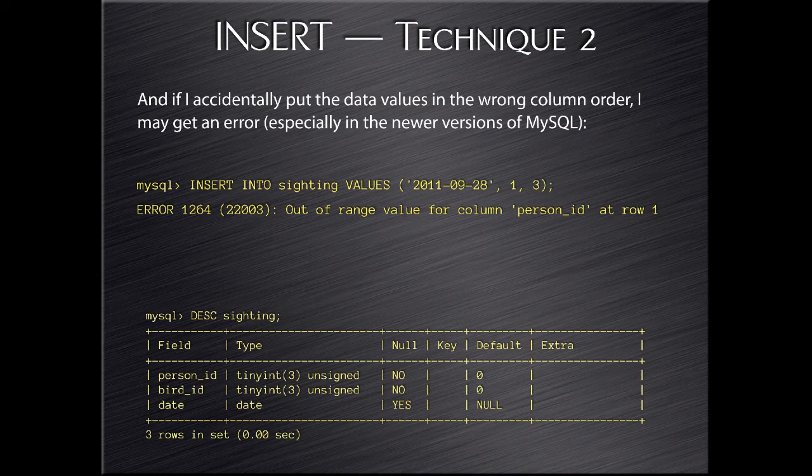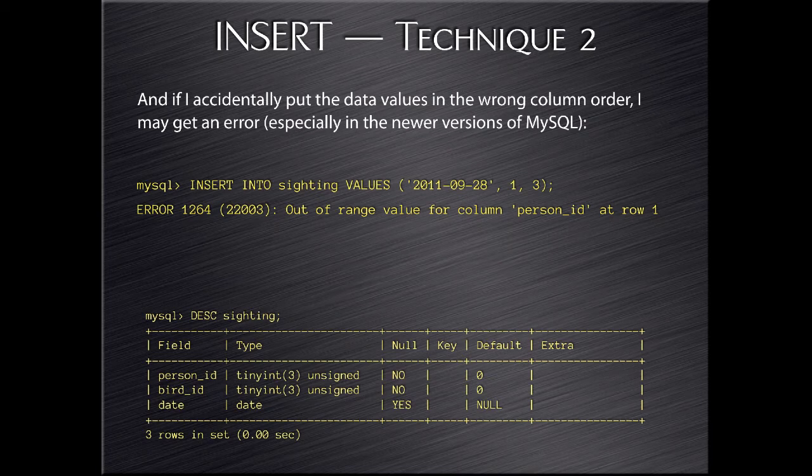The type of that column is a tiny int unsigned, which means that it has to be an integer no bigger than 255. So I'm obviously here inserting a string, a date, which is incorrect, into an integer column. And so what happens is it takes the binary digits of 2011-09-28, whatever those binary digits are, it pretends that that is really an integer.